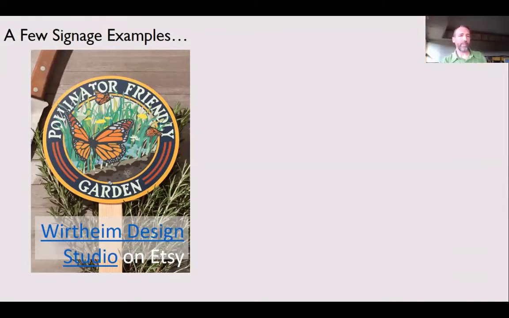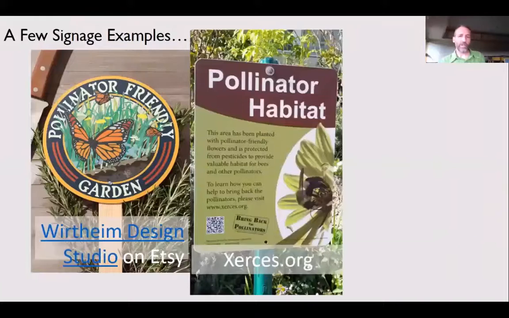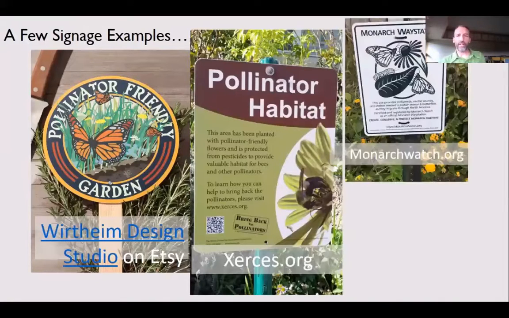So this is one that I just found if you Googled native plant signage. Here's a very nice, simple, I'm sure low-cost version on Etsy, pollinator-friendly garden. And then some of the more established organizations that promote native landscaping, like the Xerces Society. This is a commonly seen pollinator habitat sign that I like to see.